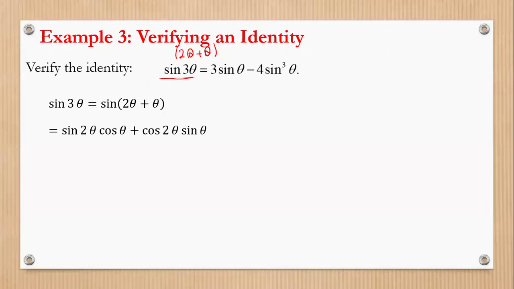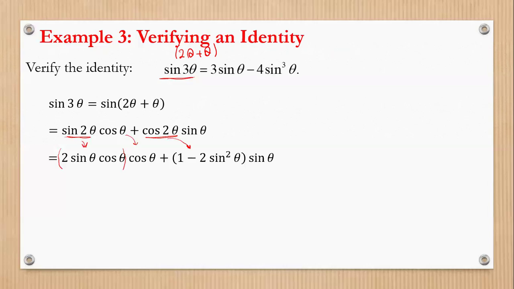Now, we see double angles here. We can replace them with formulas for double angles. What's the sine of 2 theta? It's 2 sine theta cosine theta. So we replace this for the sine of 2 theta, bring down the cosine, and we replace this one for the cosine of 2 theta and bring down the sine.